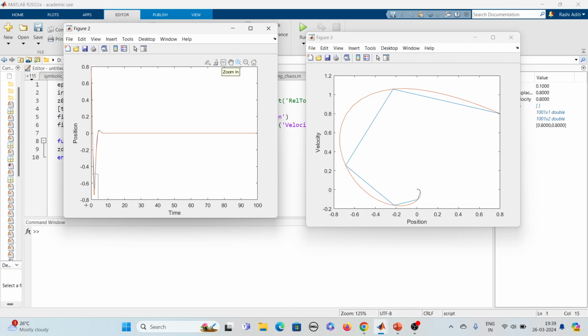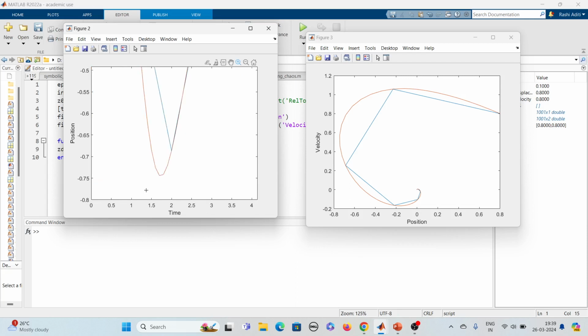If I zoom this area of my position, see here, it is showing me that the minimum position that my system is going to attain is, let us suppose, approximately minus 0.7. It is going to attain this much of position in the negative direction. However, the actual behavior of the system is actually minus 0.76. And a variation of 0.06 is not a very small amount.